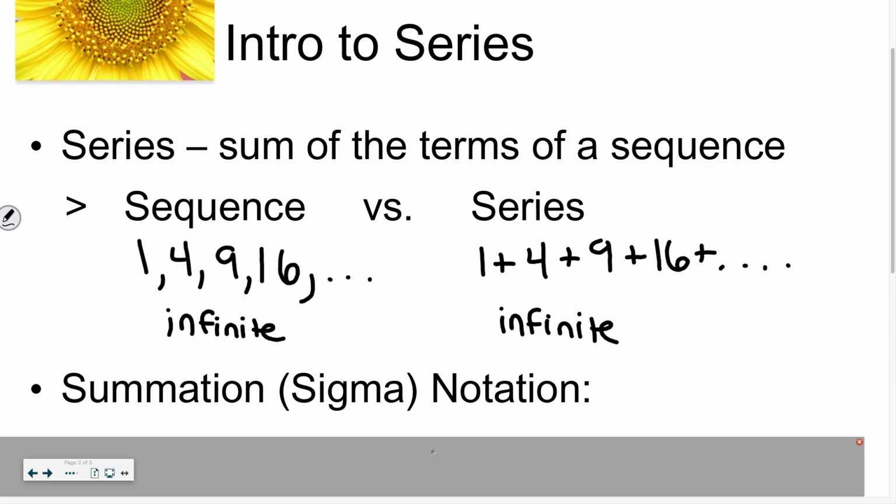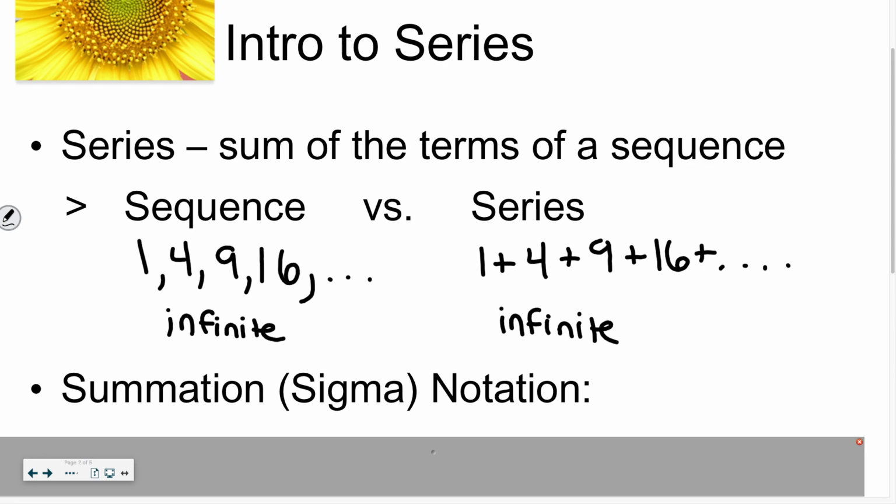No, it's just going to keep getting bigger and bigger and bigger as we add larger and larger of the perfect squares, right? So most of the time, if you have an infinite series, a sum of terms in the sequence, there will be no sum. There is one exception that we'll get to on Wednesday. So we'll be dealing with finite series where we often put in a last term.